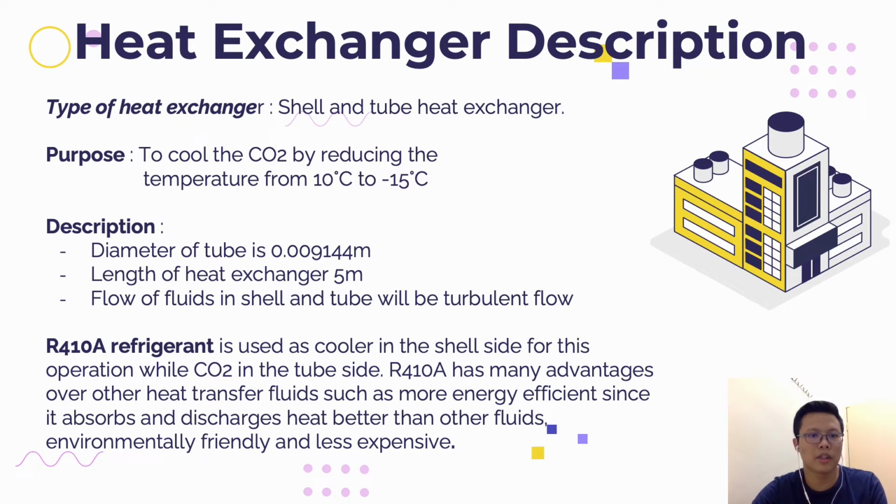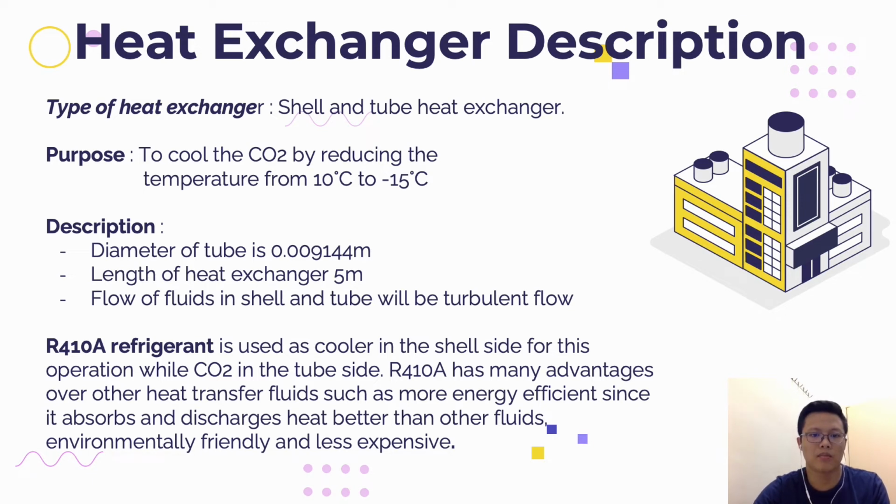The flow of fluids in the shell and tube will be turbulent flow. The refrigerant that is used in the heat exchanger is called R410A. R410A refrigerant is used as the cooler in the shell side for this operation, while CO2 is in the tube side.